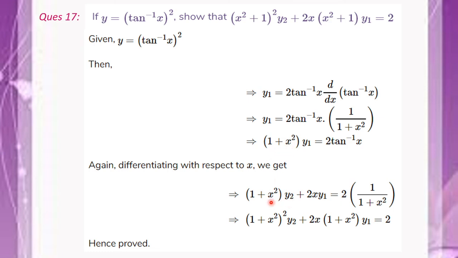First term as it is, derivative of second, y1's derivative is y2, plus y1 as it is and the derivative of the first term, which is 2x, equal to 2 constant, and the derivative of tan inverse x is 1 upon 1 plus x square. Now shift this to the left side. 1 plus x whole square y2 plus 2x y1 into 1 plus x square is equal to 2. That's what we wanted to prove.